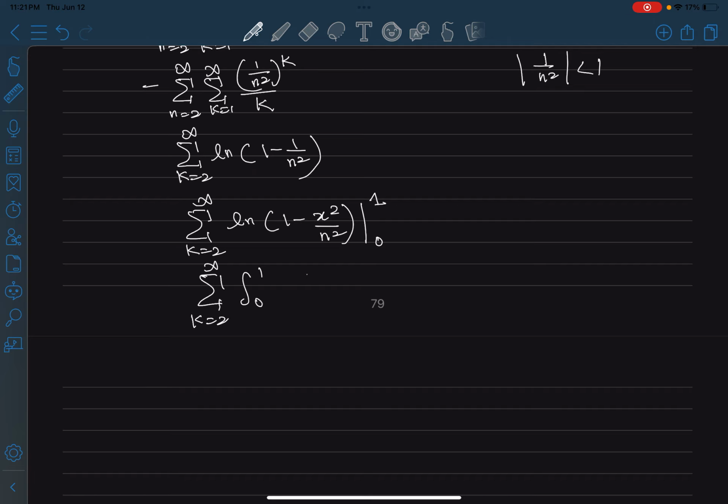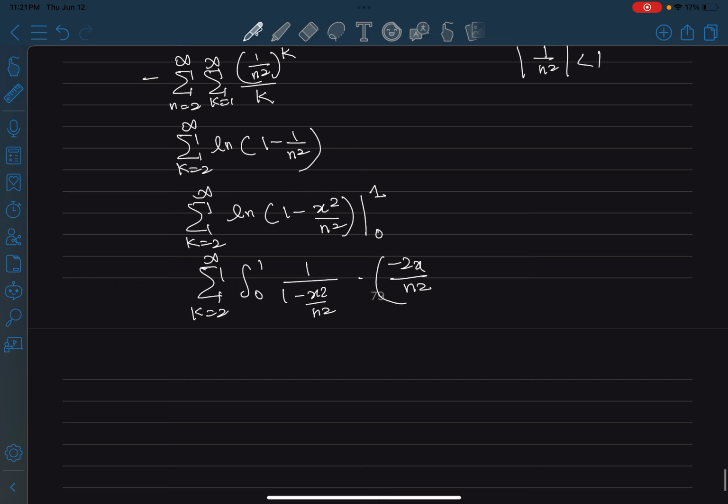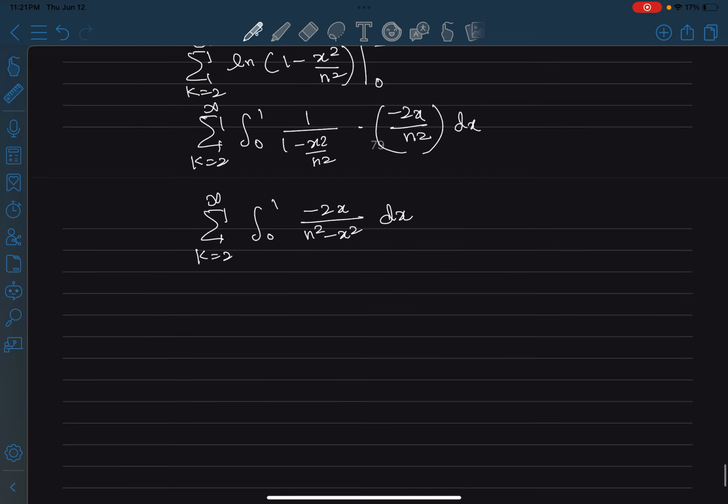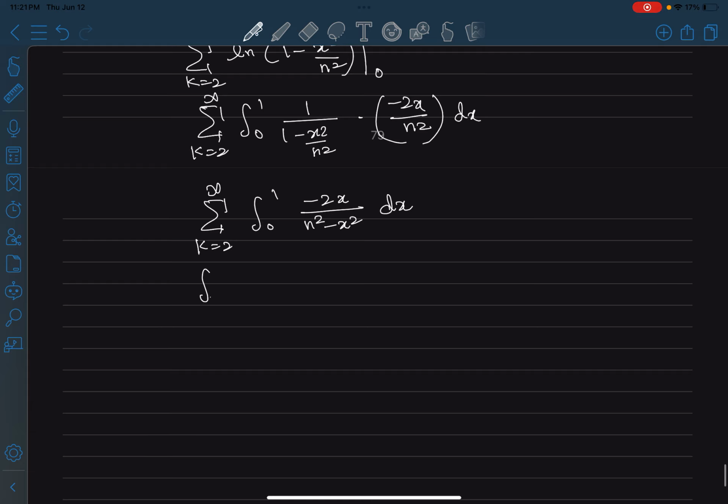If I take the derivative, I will have 1 by (1 minus x square by n square) times minus 2x by n square, right? Now if I multiply that with the expression, I will have the sum from n equals 2 to infinity of the integral from 0 to 1 of minus 2x by (n square minus x square) dx, right? Now I can use partial fractions, also introducing the sum and integral.